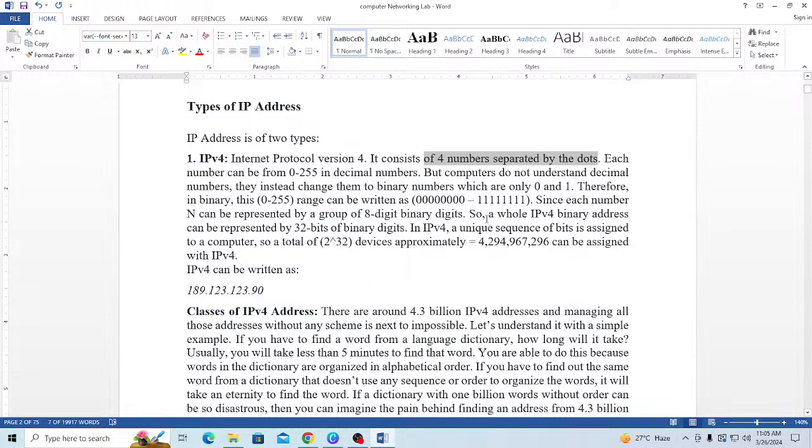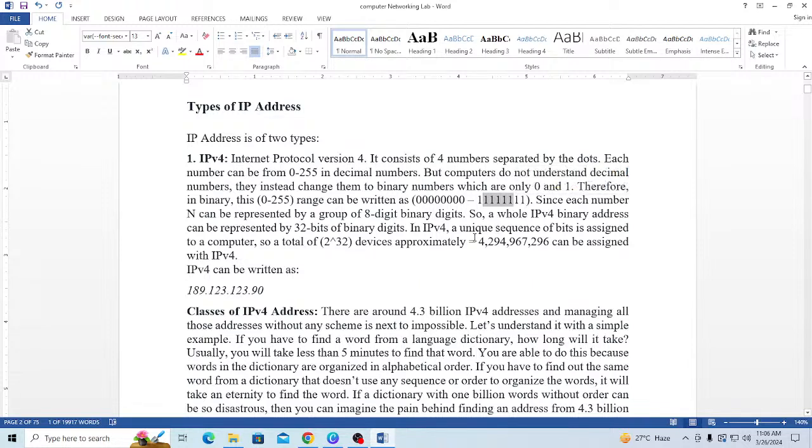These are treated and considered in binary number format, that is zeros and ones. We already discussed that the range of IP address is 0 to 255. So here, 0, 0, 0 is up to 8 numbers, 1, 1, 1 is up to 8 numbers.